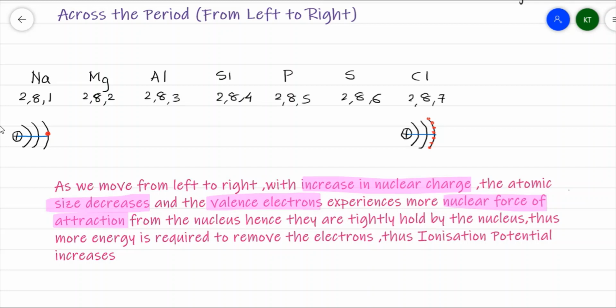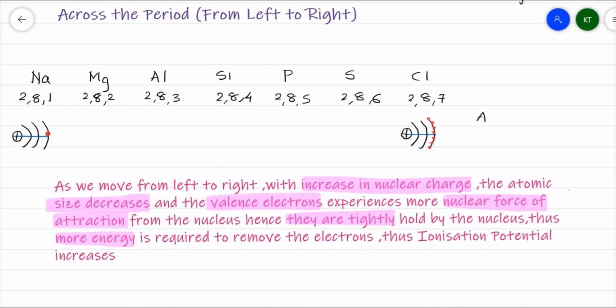As a result of this greater pull by the nucleus, they are very tightly held, and we'll be spending more energy to remove the electron. So from left to right, ionization potential increases.